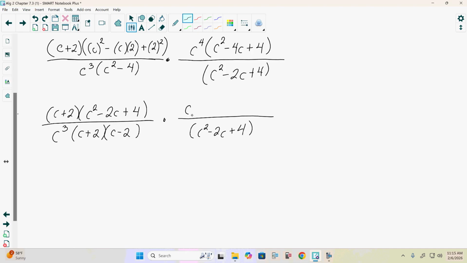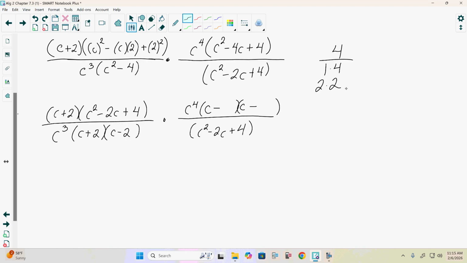On top, we do have c to the 4th. Inside the parentheses, c squared minus 4c plus 4. Since the third term is positive, the signs are the same and match the sign of the middle term. Negative, negative. Factors of c squared, well, there's only one set, c and c. Now, our factors of 4 are 1 and 4 or 2 and 2.